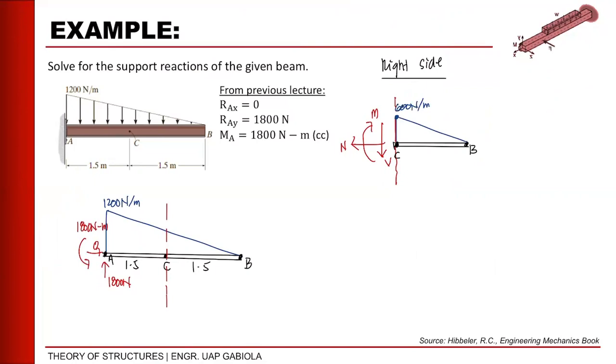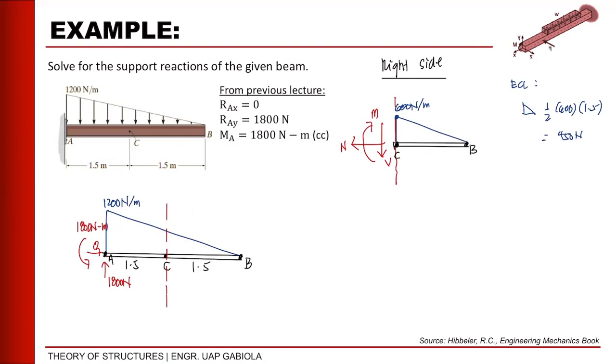So, kunin lang natin yung ECL niya. We have a triangle, so 1/2 ng 600 times yung ano natin is 1.5. Okay? So, calculate natin 600 times 1.5 times 0.5, that is 450 Newton. Newton na lang. Okay?